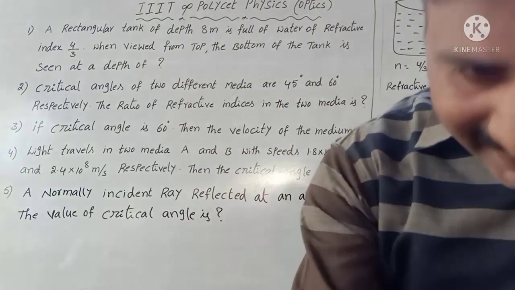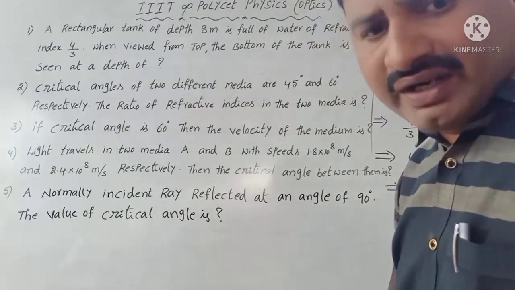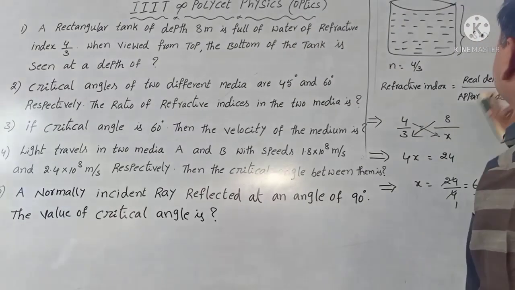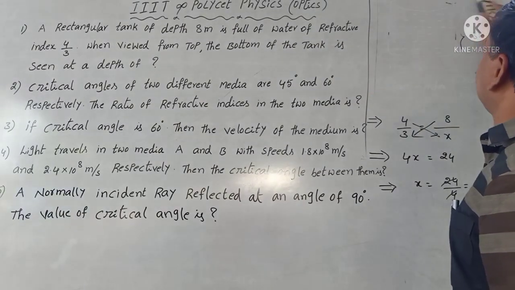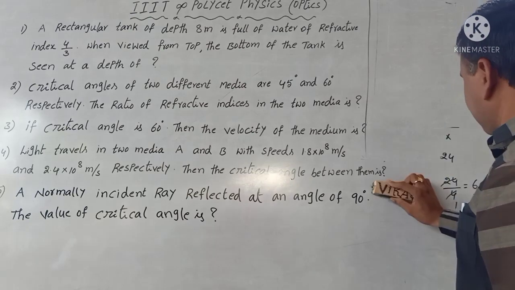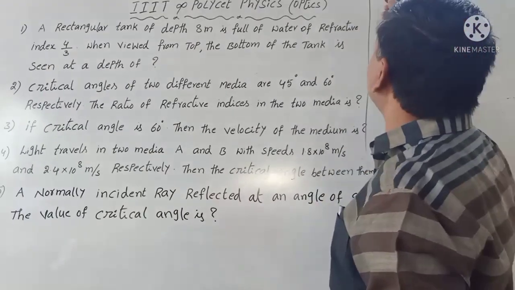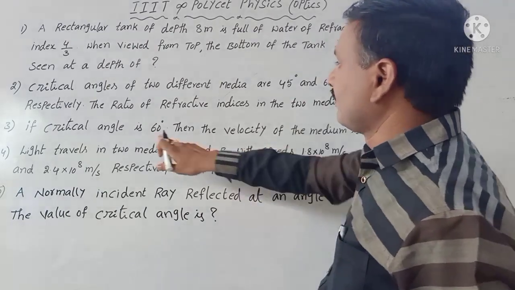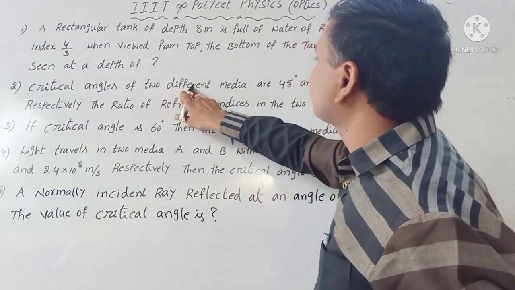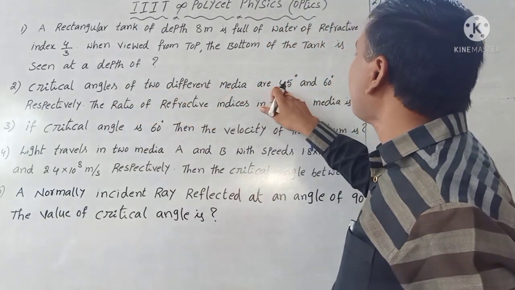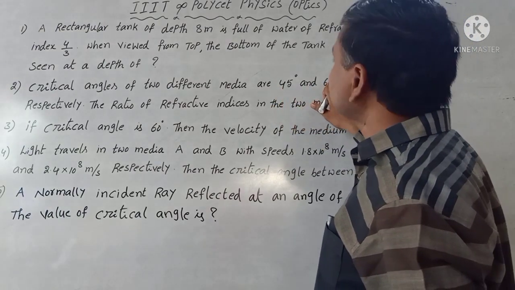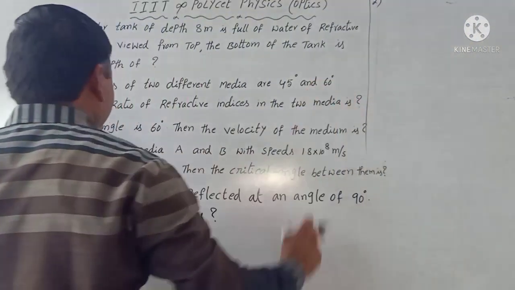Now we go to the second problem. What is the second problem here? The critical angles of two different media are 45 degrees and 60 degrees respectively.